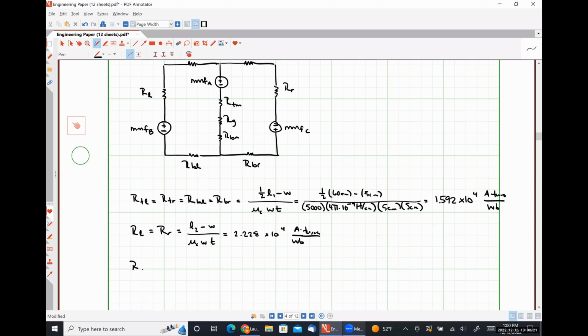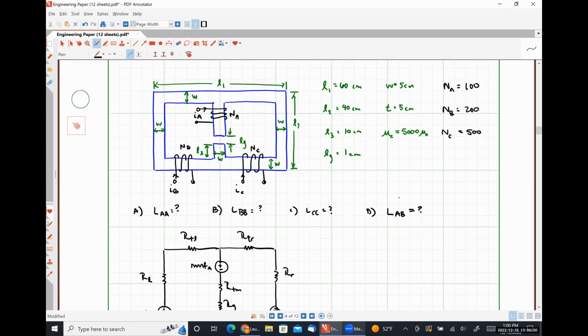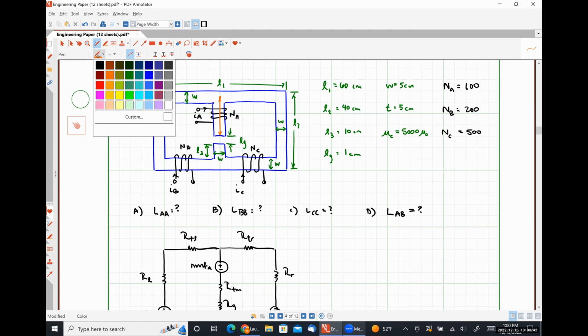Then we have our top middle. What's the length of this top middle branch? I'm talking about the distance from this point to this point in terms of the other things that I gave you.